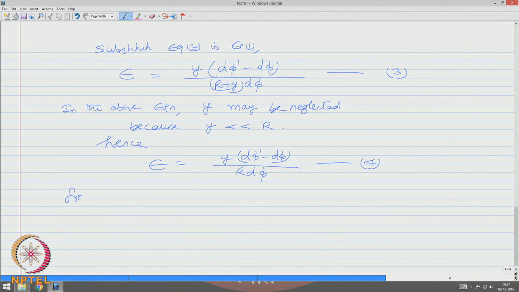Now, from equation 2 we can simplify equation 4.